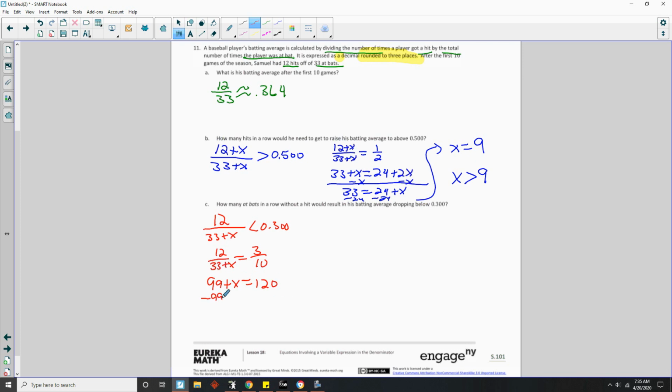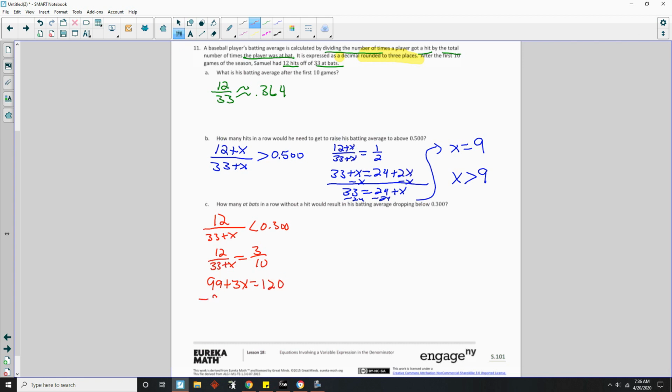Subtract 99 from both sides, and that would be x equals 21. Okay, that didn't make sense to me, so I'm asking, what happened here? Well, I'm at the end of my video and I'm making mistakes. I didn't distribute properly. 3 times 33 is 99. 3 times x is 3x equals 120.